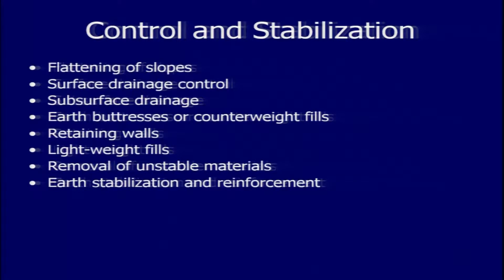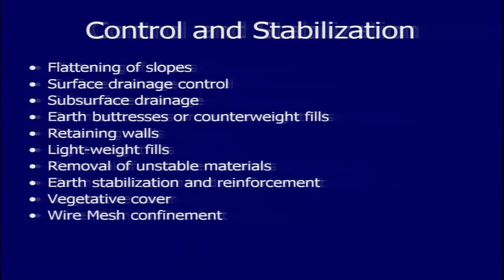Earth stabilization and reinforcement, vegetation cover, wire mesh confinements you can do where you expect rock falls. You can protect that by putting wire mesh, and a combination of any of these can be used depending on the site conditions.